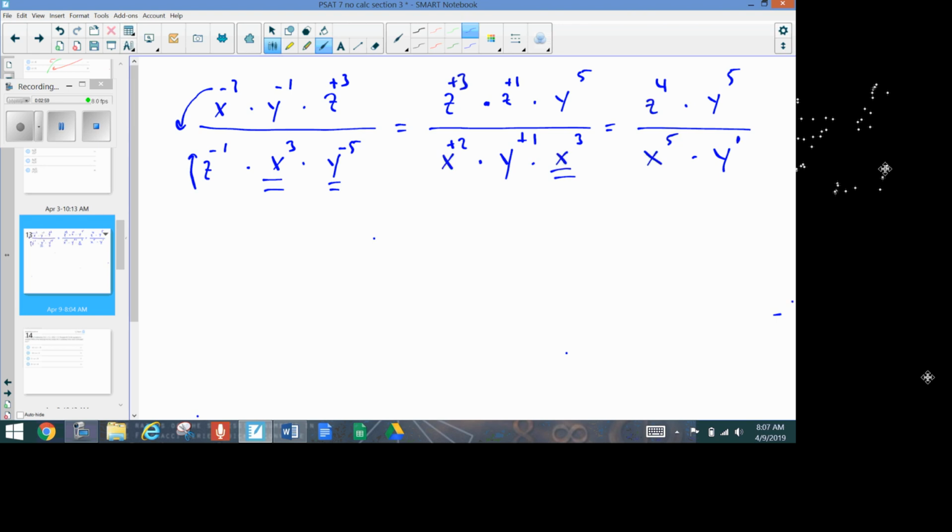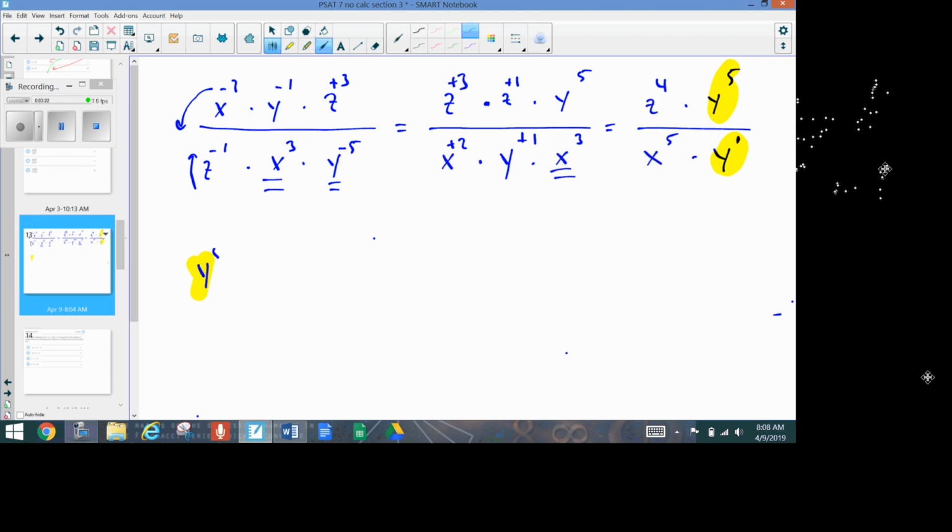But there are also two like terms here, right? There are more like terms. So when the bases are the same, if it's division, y to the power of 5 over y to the power of 1, when the bases are the same, you subtract exponents. Let me do that separately over here.